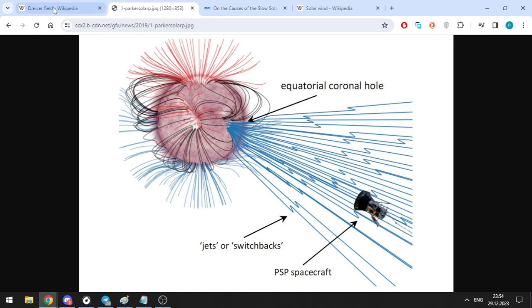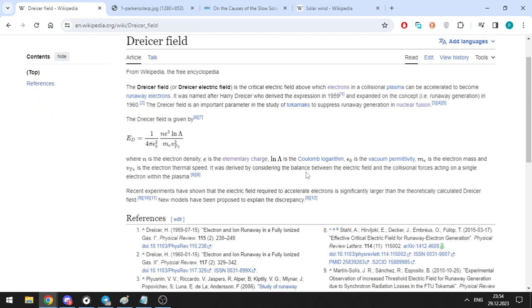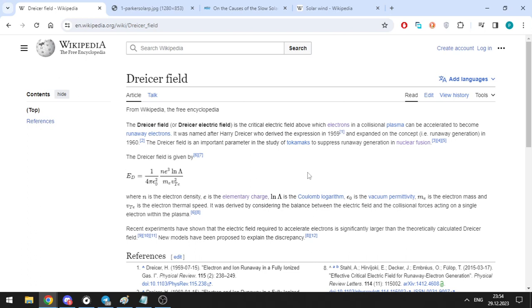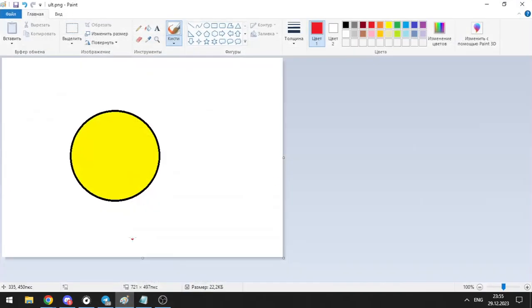There is, for example, the Dreicer mechanism, which relies on an electrostatic field. Okay, but it's not as simple as you may think. So we have so-called ambipolar diffusion around the sun, which means the sun has a pretty strong gravitational field, right? So if you take a mixture of protons and electrons, so hydrogen plasma, the protons and electrons have the same temperature, so the same kinetic energy.